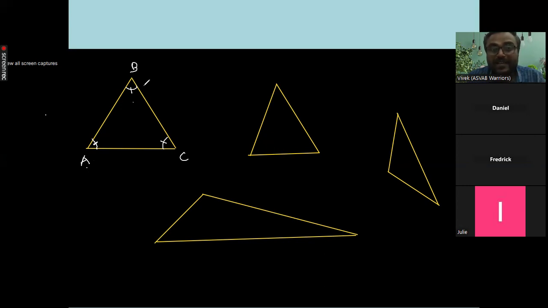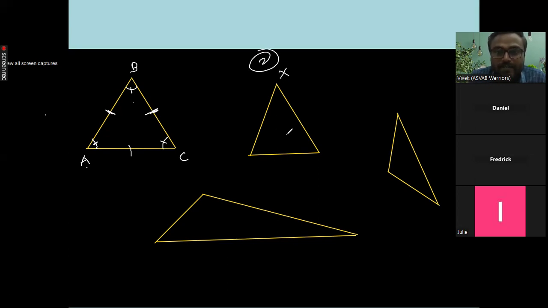Just like the symbol for equal angles, we have a symbol for equal sides. If there is a straight line like this on a side, that simply means the sides are equal. AB is equal to BC is equal to AC. That means all three sides are of equal length. Now let's move on to shape 2.